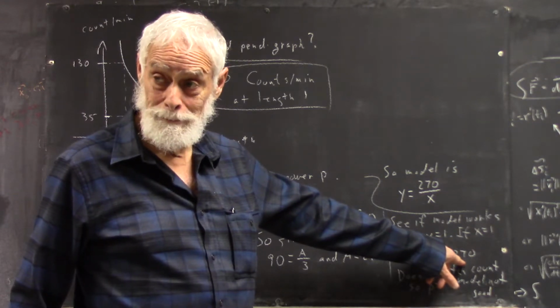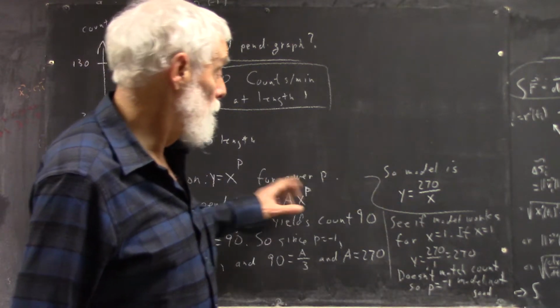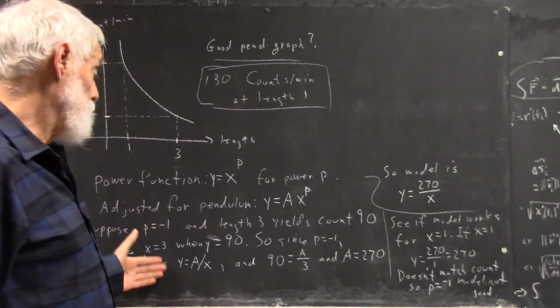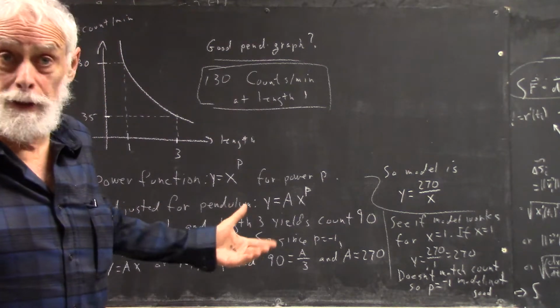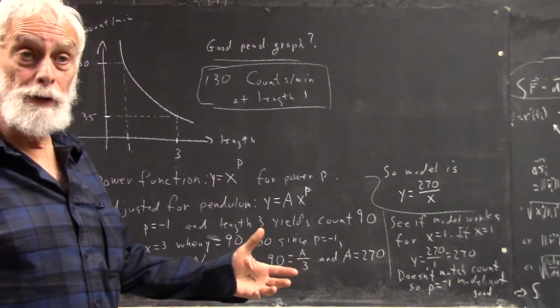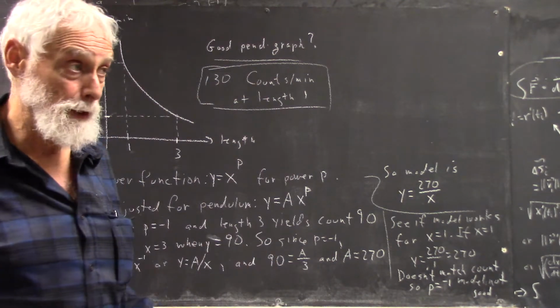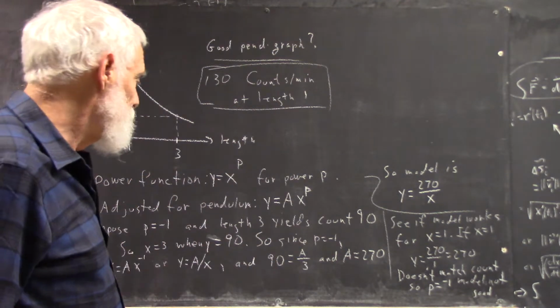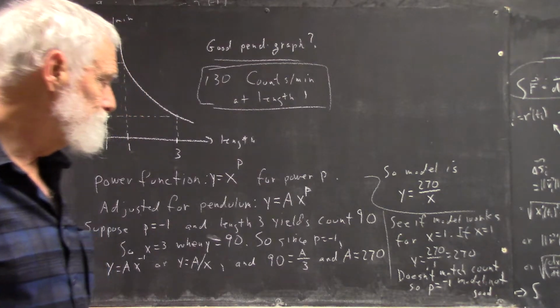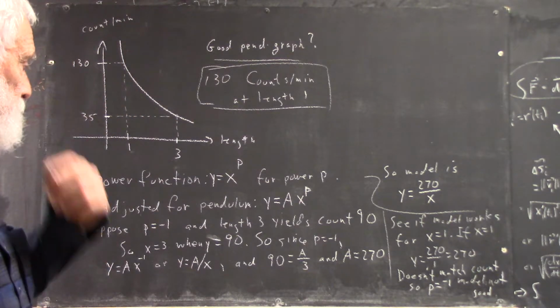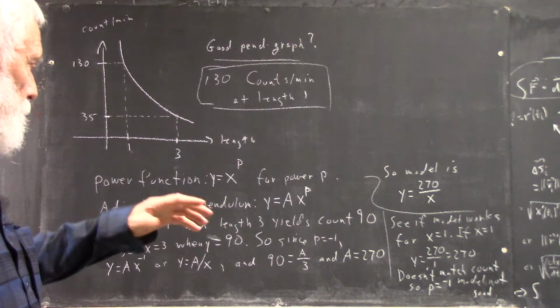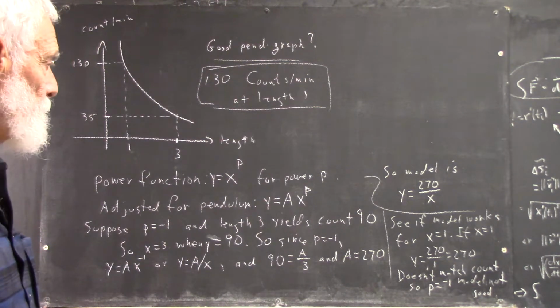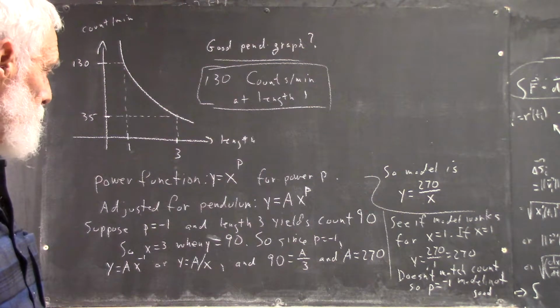Not difficult. People are doing pretty well with substituting your numbers and solving for a. You did pretty well with that as a group. If you didn't, give it another shot. Get my feedback. Send me an email saying, hey, when I do this, I get this, if you want me to check it.